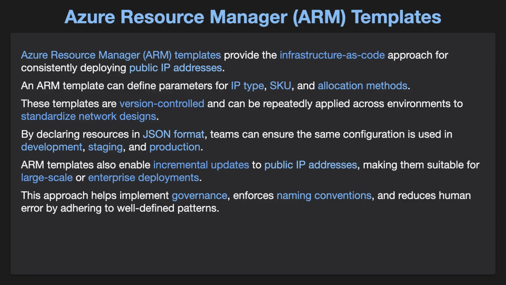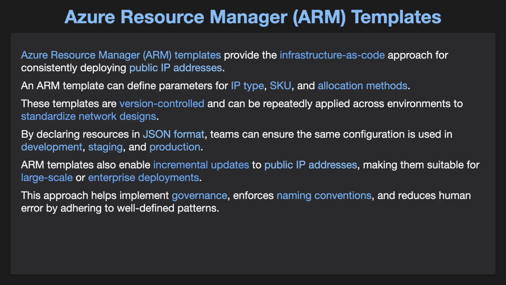Azure Resource Manager, ARM, templates provide the infrastructure as code approach for consistently deploying public IP addresses. An ARM template can define parameters for IP type, SKU, and allocation methods. These templates are version-controlled and can be repeatedly applied across environments to standardize network designs.